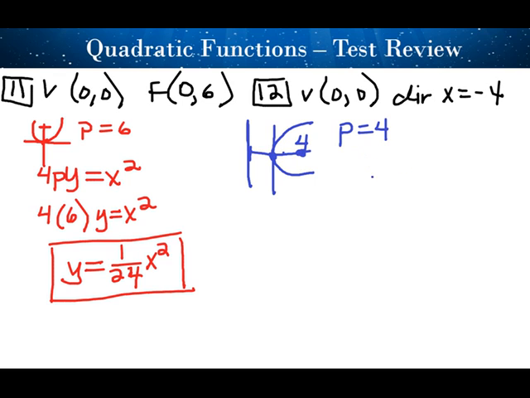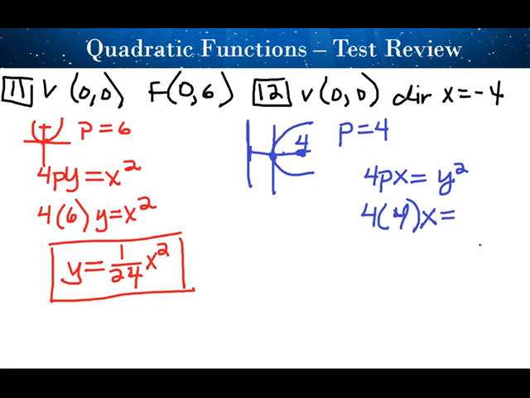So I'm going to use my formula, and that's going to be 4px equals y squared. Okay, and what I'm going to do is I'm going to plug in p, so we're going to go 4 times 4 x.